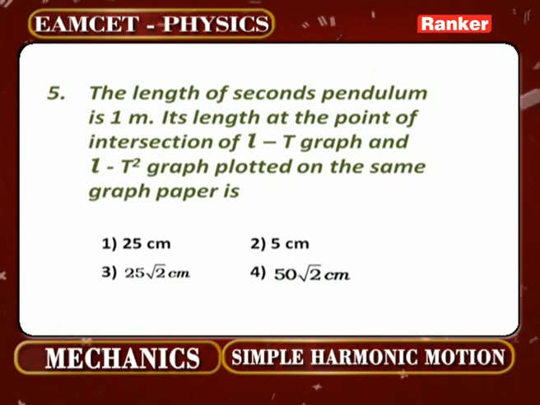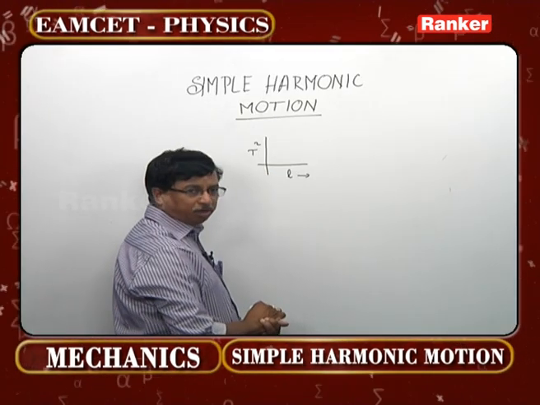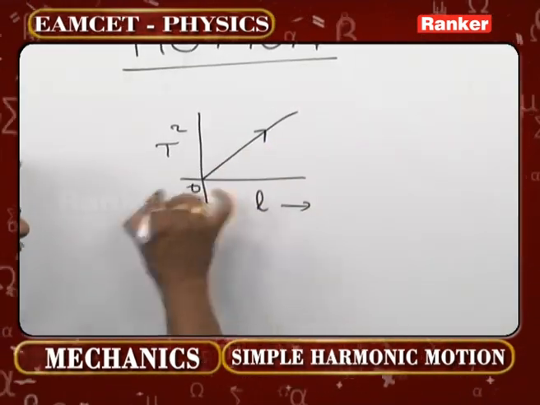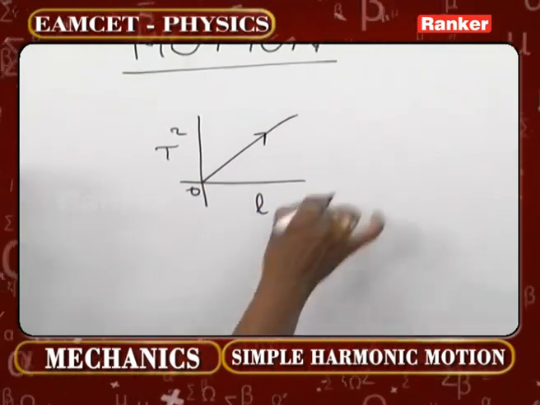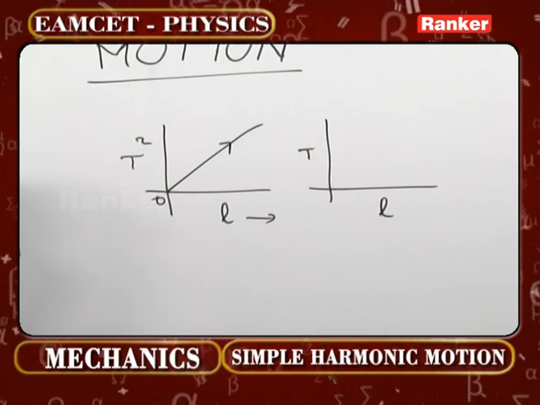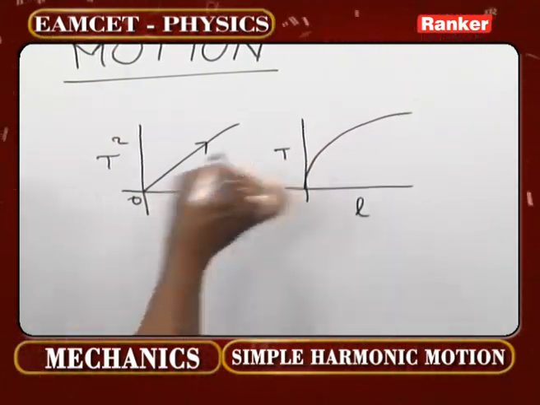In fact, we know when we plot the L versus T square graph for a particular pendulum at a place, we will be getting a straight line passing through the origin. Exactly in the same manner, when I plot L versus T, I will be getting a curve like this. We can understand these two.